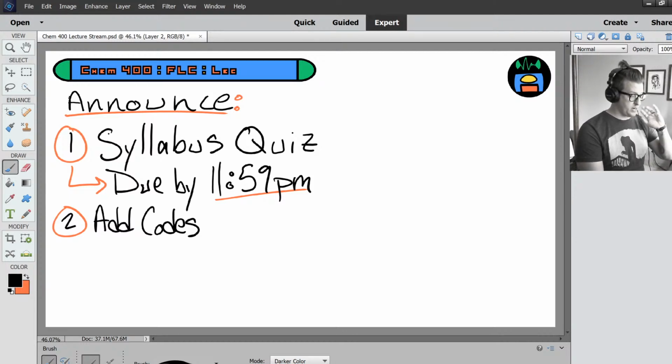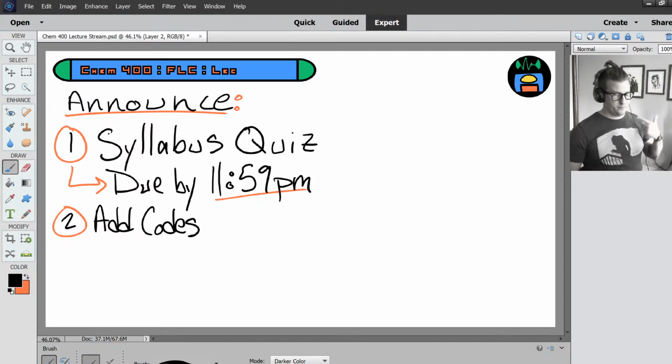It's given in priority. The only people on the wait list getting an add code are people who have completed the syllabus quiz and turned it in. And of those people who submitted it, they're given in priority of your spot on the wait list.